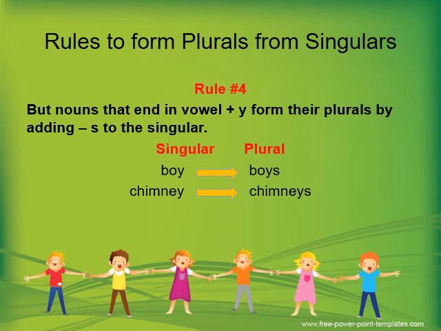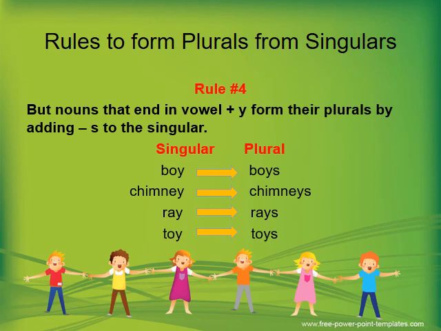So chimney becomes chimneys. Ray. Again, ray ends in y, but before y you can see there is a vowel, that is a. So the plural form of ray is rays, which is formed by adding s in the end.